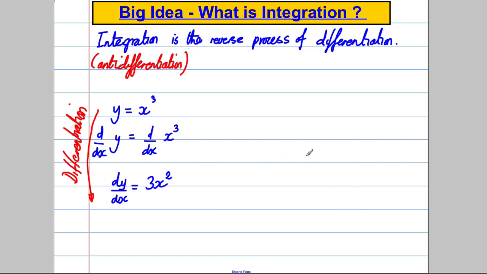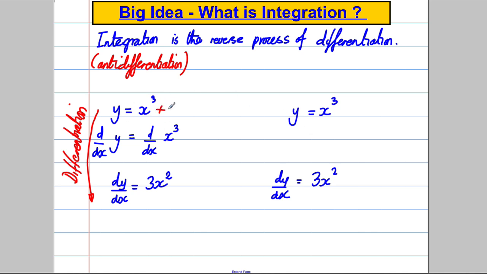The question I'm going to ask here is, suppose we started off with a function that was 3x squared, and for now I'm going to say it's dy by dx. What would have differentiated to this? What function would have differentiated to this? Now we know that the function would have been an x cubed function, but in fact, it could have had any other number in the world.